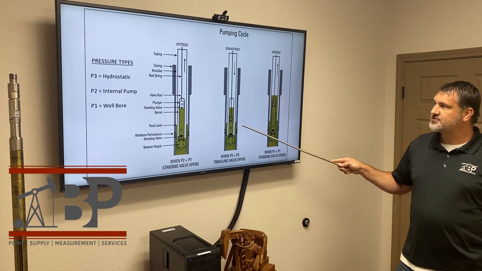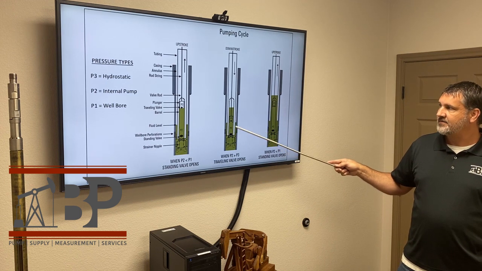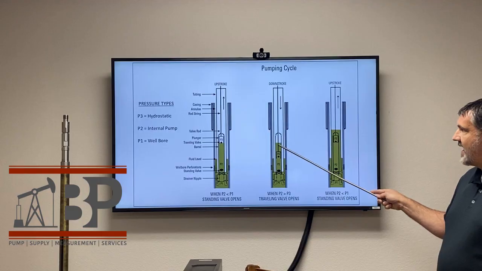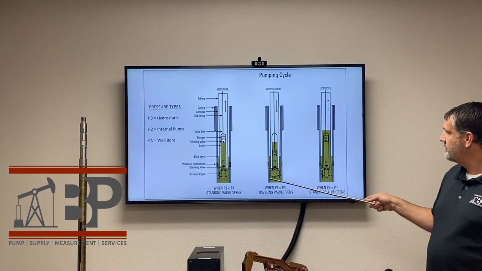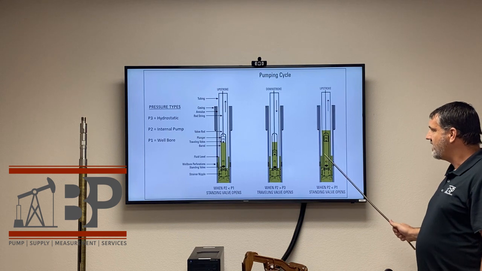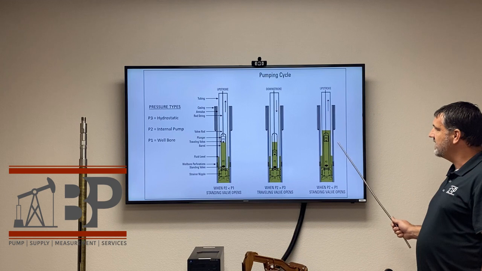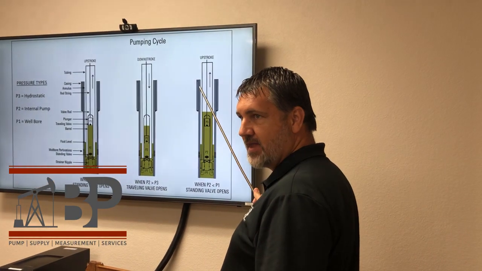Then we move to our downstroke, opening our traveling valve and closing our standing valve, because our pressures are greater inside the pump than the hydrostatic head. At that point, our traveling valve will open and our plunger will freely fall through the fluid. Then we move to the upstroke where our traveling valve closes, our standing valve opens, our wellbore pressure is now greater than the internal pressure of our pump, and now we lift fluid to surface from that point.